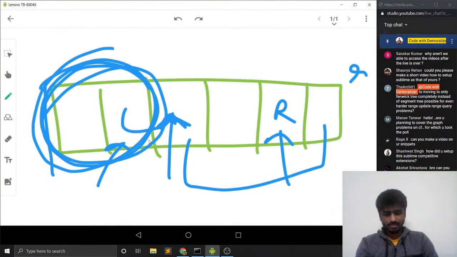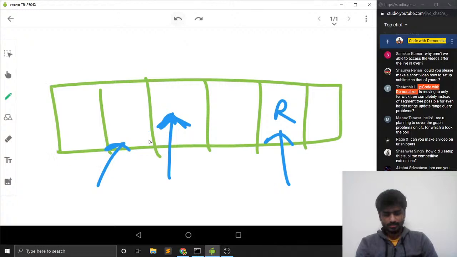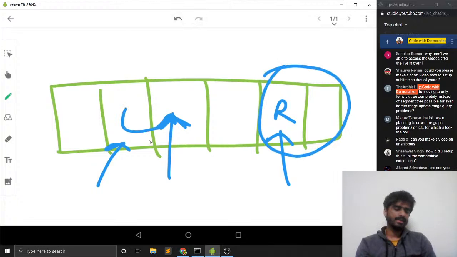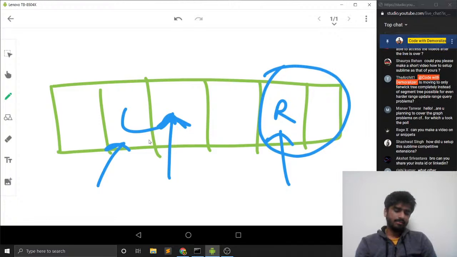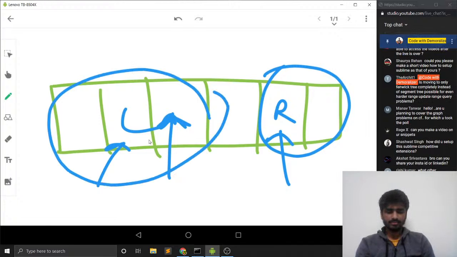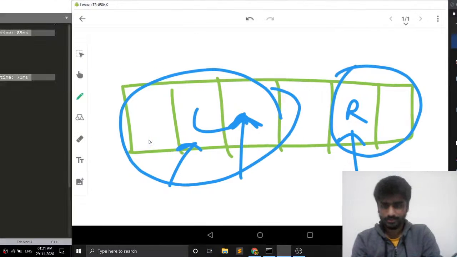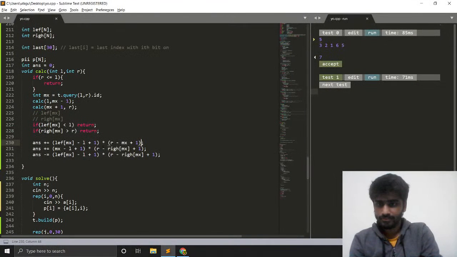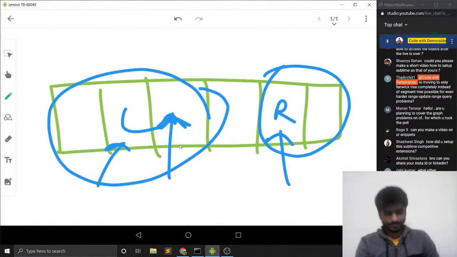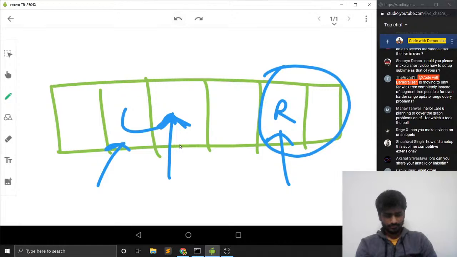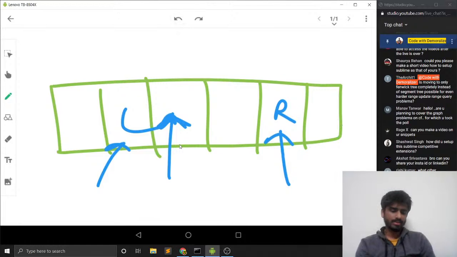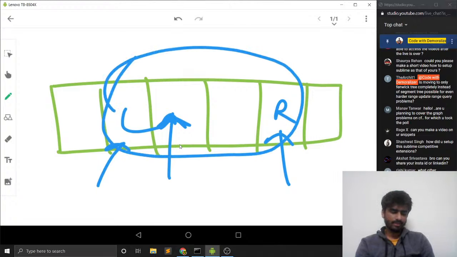Then for this part, I added R minus right plus 1 times mx minus L plus 1. Okay, this is also fine. Then what did I overcount? I overcounted the ones which had both of these, so I have to remove them.